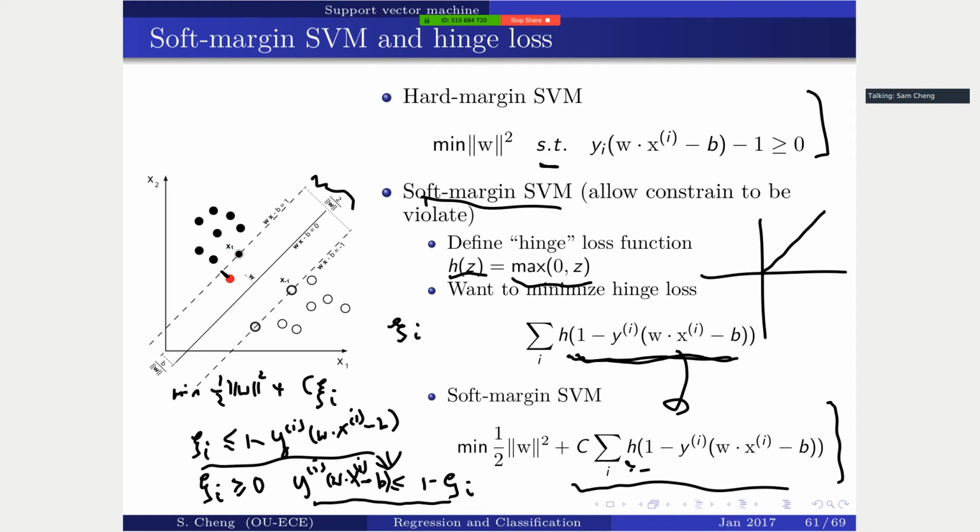So originally I want this ci to be equal to 0, right? When ci is equal to 0, then, no, I'm not good actually. ci equal to 0. Let's see.